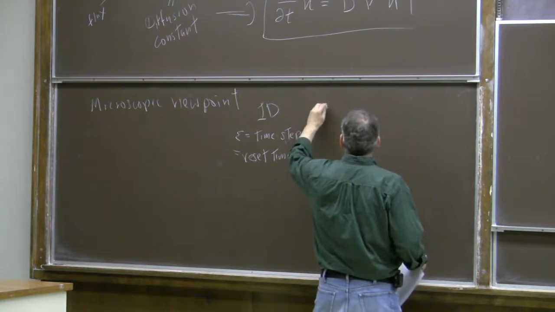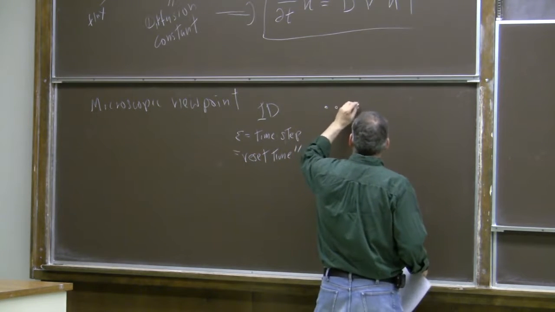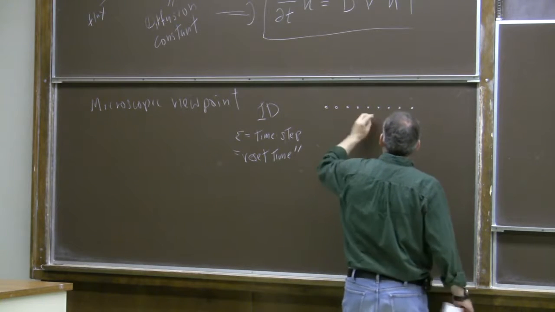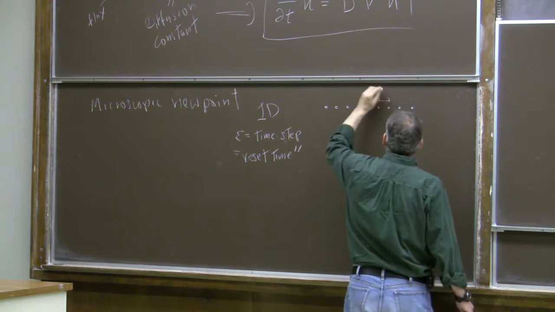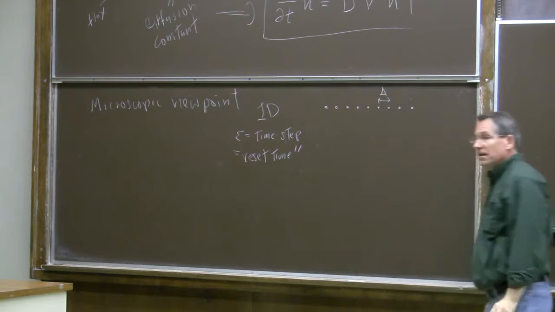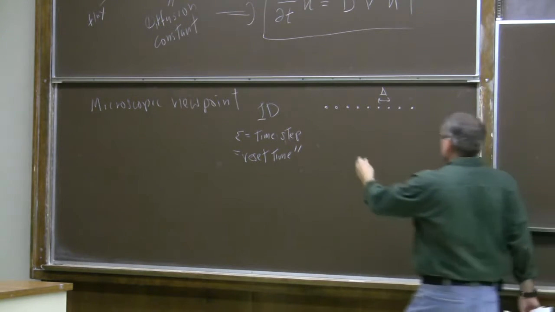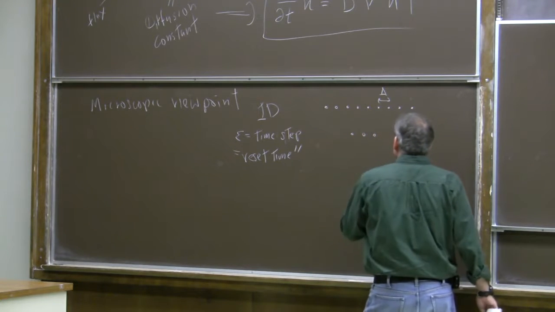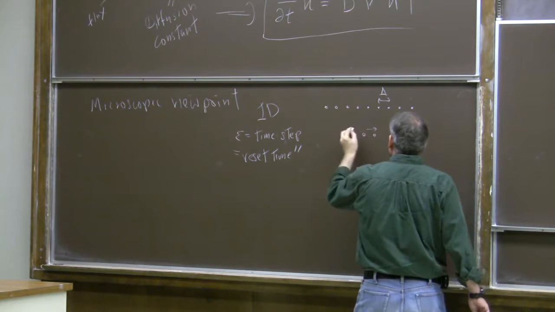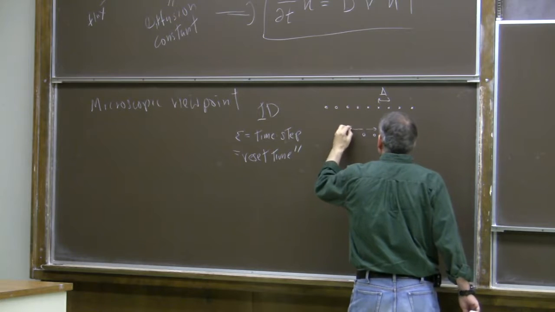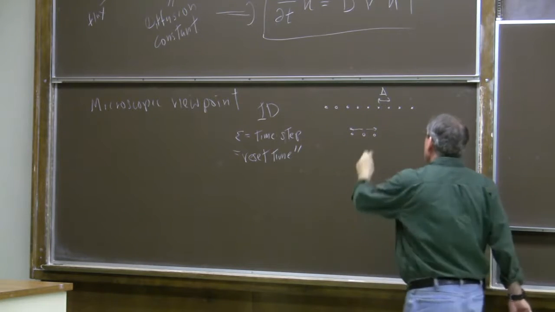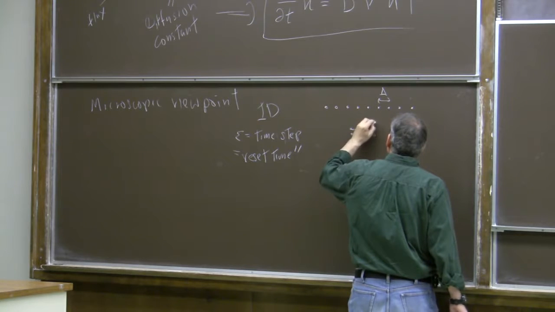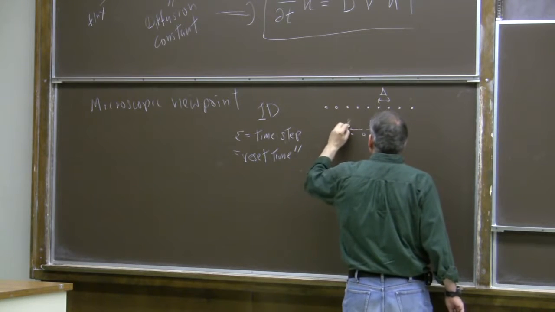And we can imagine describing the motion on a lattice with equally spaced sites, with spacing between the sites which I'll call delta. And in each time step, the particle will take a step either to the neighboring site on the right or the neighboring site on the left, each occurring with a probability equal to 1/2.